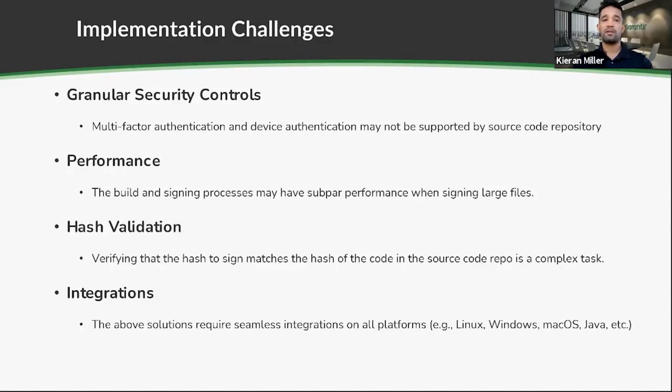And if they don't support device authentication or multi-factor authentication, how can you still enforce those controls? Performance: as you start doing these verified reproducible builds, what's the effect on performance, and can you bypass that? The hash validation, of course, so this is the verified reproducible builds. How can we even do this in a meaningful manner?